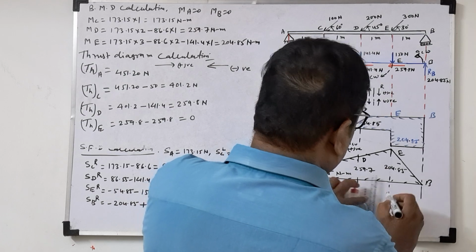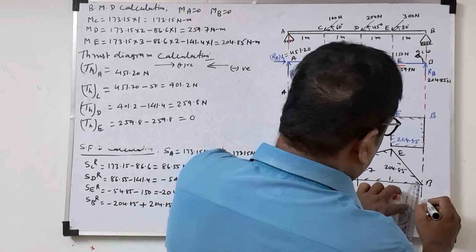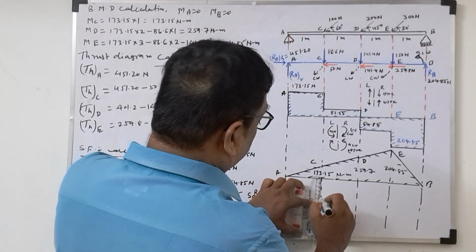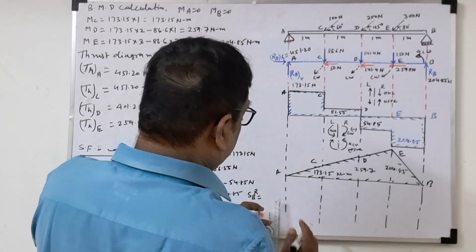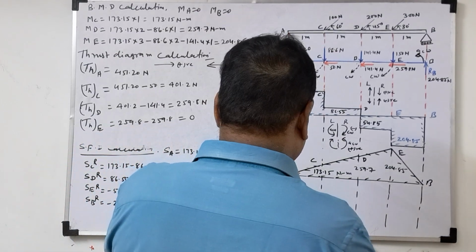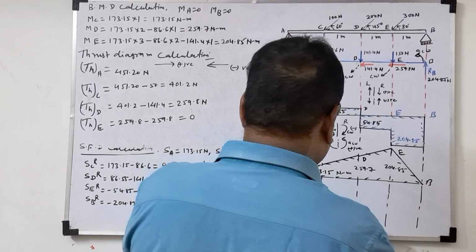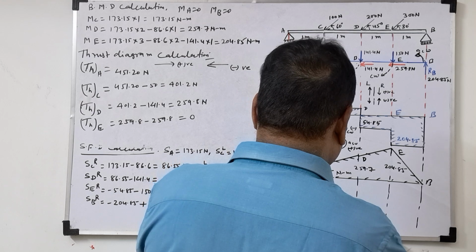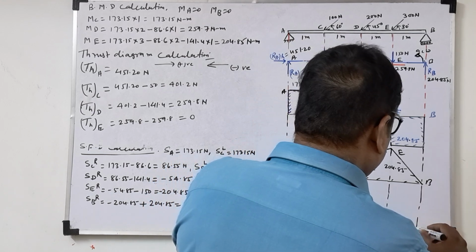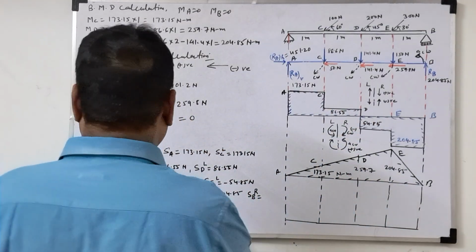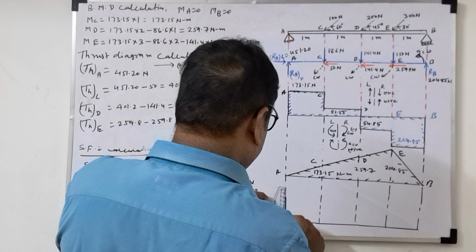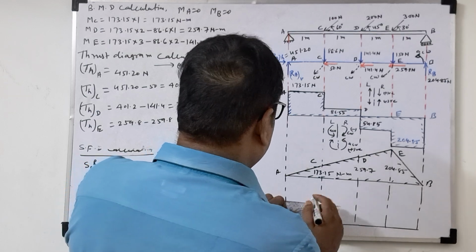So the calculation part is over. Now we have to draw. This is the additional part compared to the video I gave before. They are asking what is the thrust force. So we'll first draw the thrust force line, which is also called the zero line, because on this line thrust force is 0. Now first will be how much? 451. So we'll draw this line here, 451.